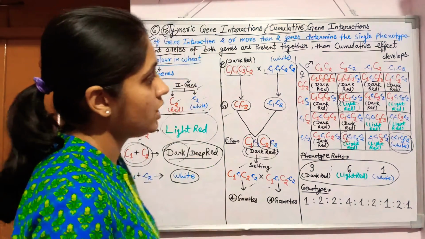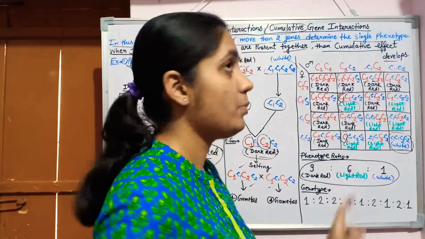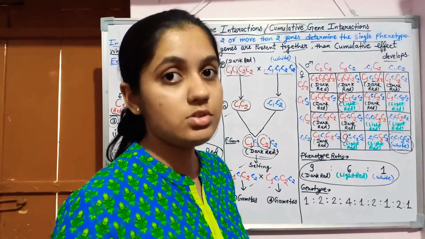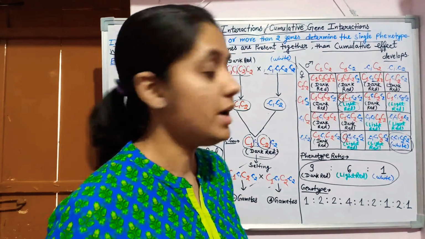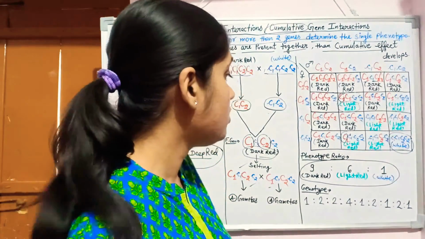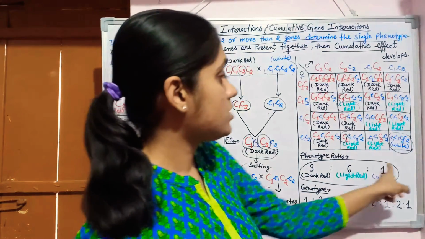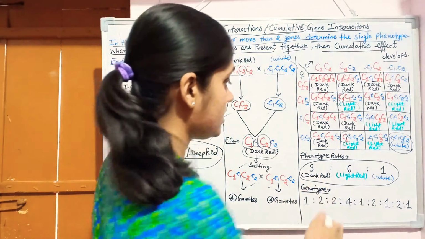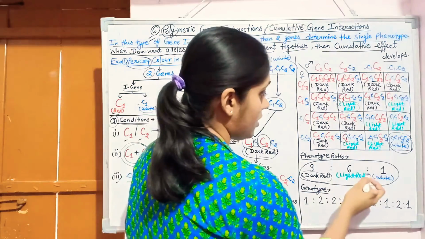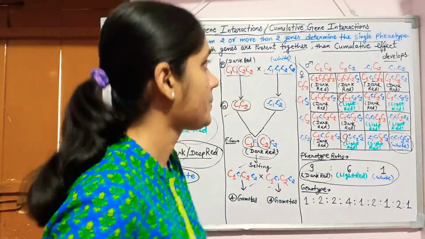The most important thing is the phenotype is changed from the 9:3:3:1 of Mendel's dihybrid cross, because gene interactions are exceptions to Mendel's laws of inheritance. So it is 9:6:1. So 9 seeds are dark red, light red 6, and 1 white. The genotypes remain the same.